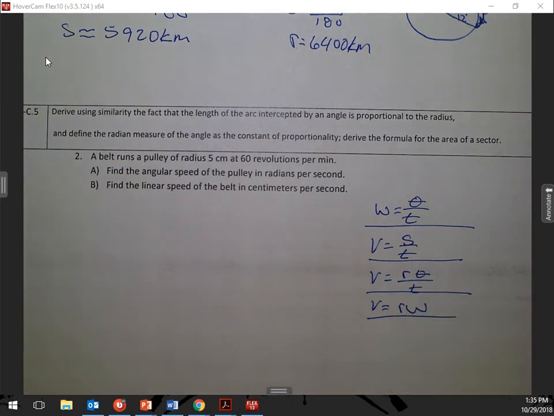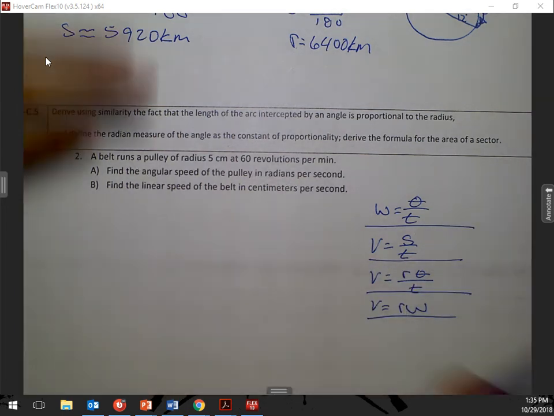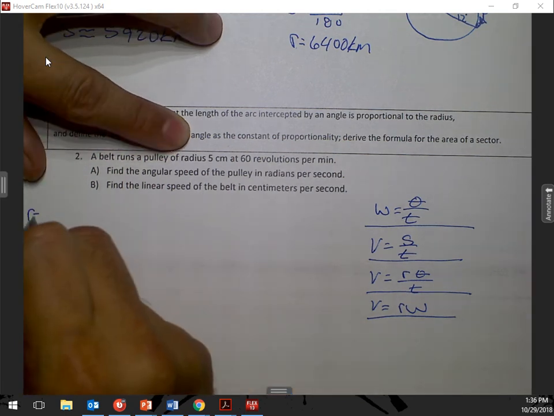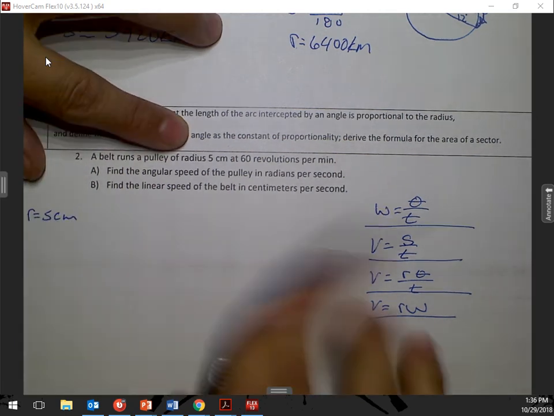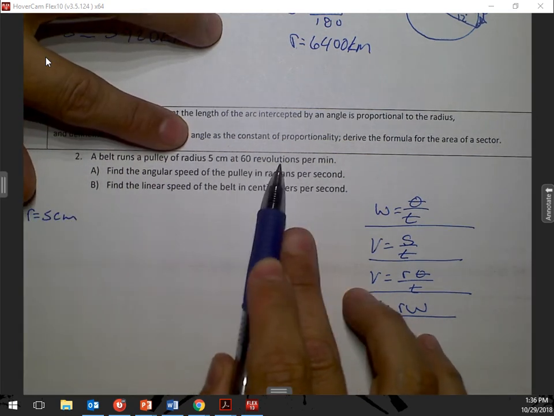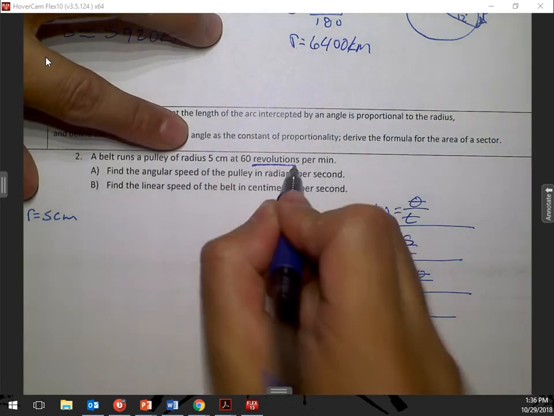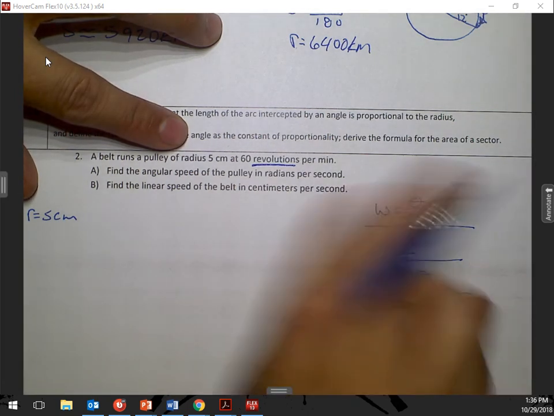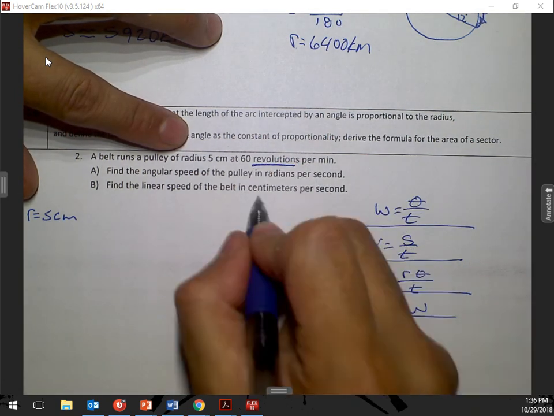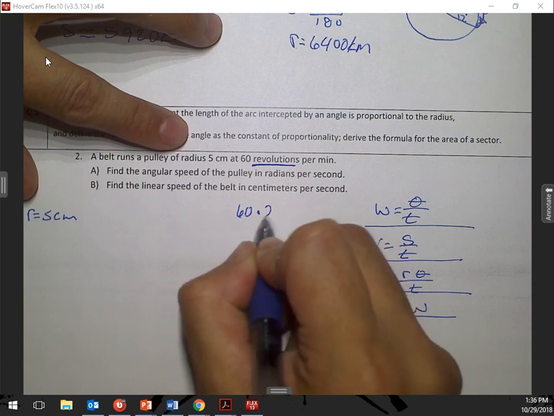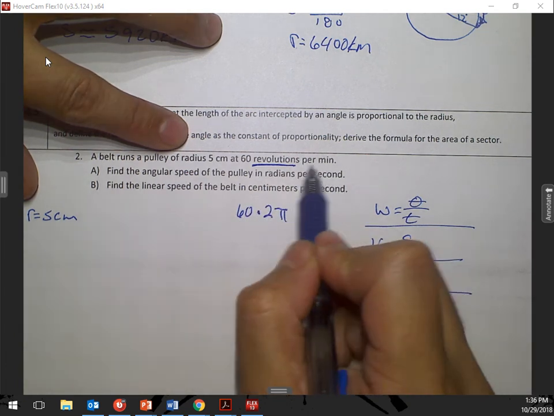Now, right here, we're going to go through and fill out what we have. So, radius is 5 centimeters. So I say R, 5 cm, 60 revolutions per minute. What is 1 revolution? 2 pi. So to get this is going to be 60 times 2 pi, but this is revolutions per minute.